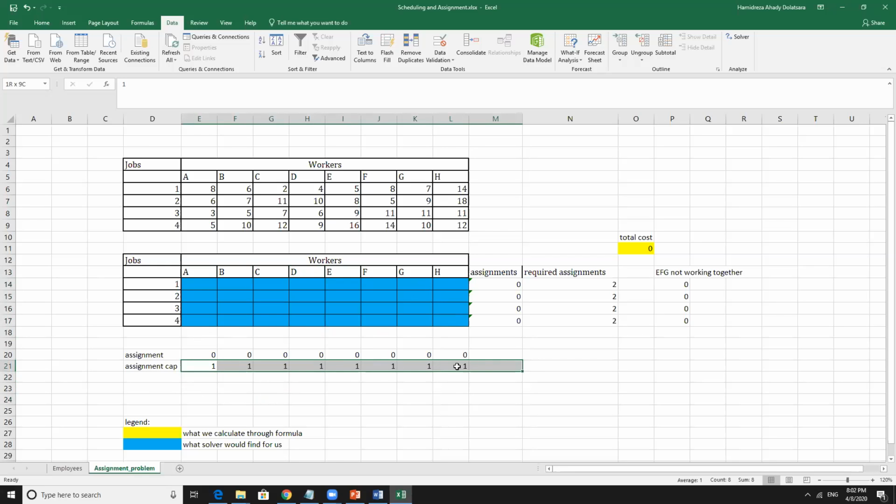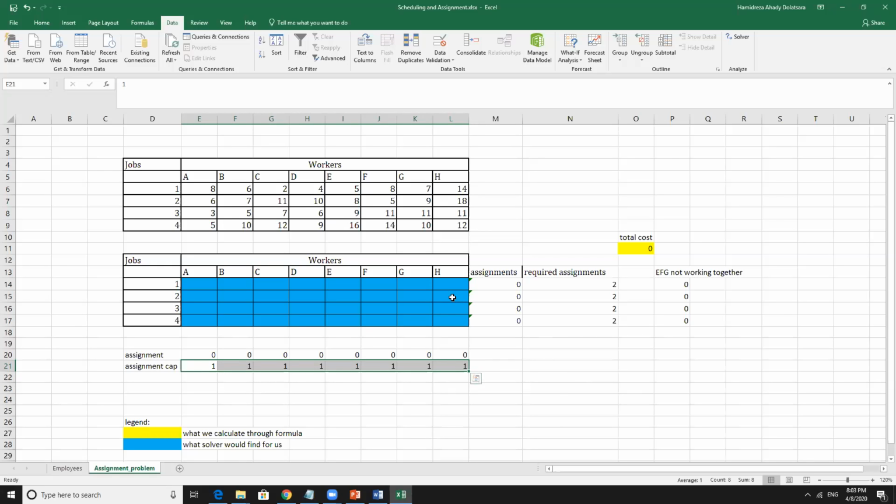So cap 1 just means 1 assignment. It means A cannot be assigned to multiple jobs, or B, C, D, F, G, and so on and so forth.